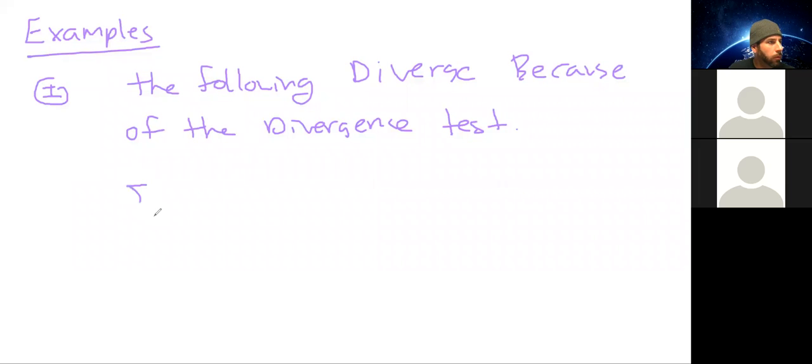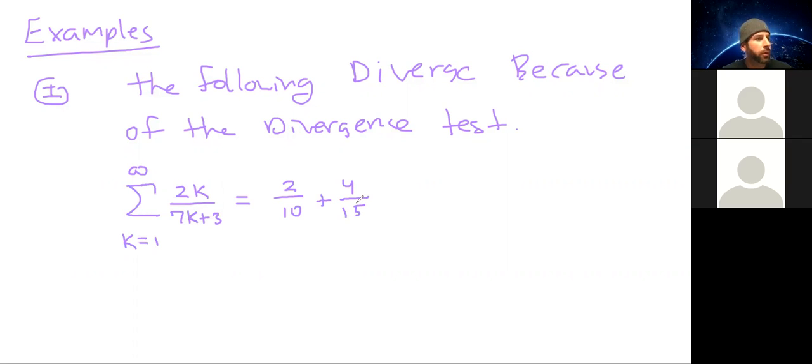So let's take something like the sum from k equals 1 to infinity of 2k over 7k plus 3. What is this equal to, by the way? This is 2/10 plus 4 over 17 plus 6 over 24.